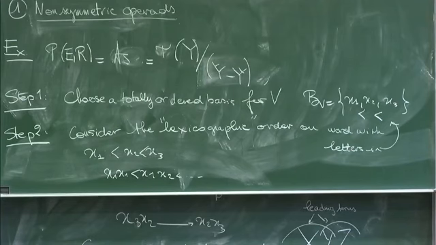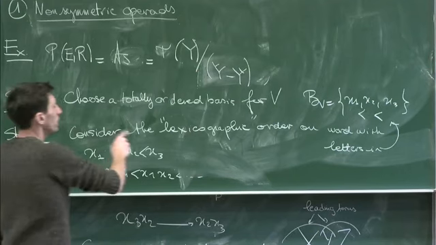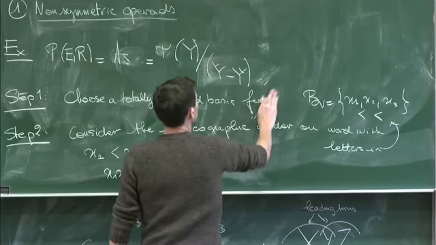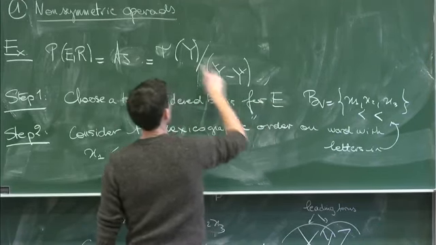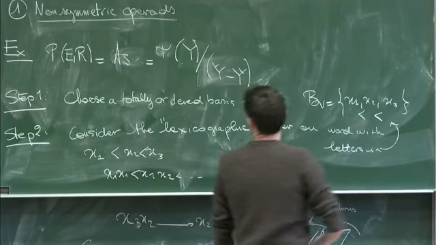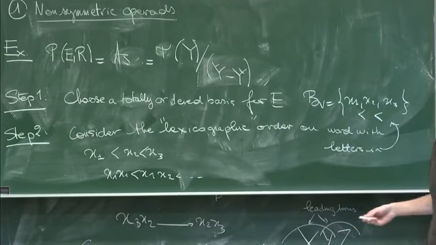And let us follow each step. The method is exactly the same. The proof is exactly the same, mutatis mutandis. Step 1. Choose a totally ordered basis for E, the space of generators. So here, when it is As, it's one-dimensional.